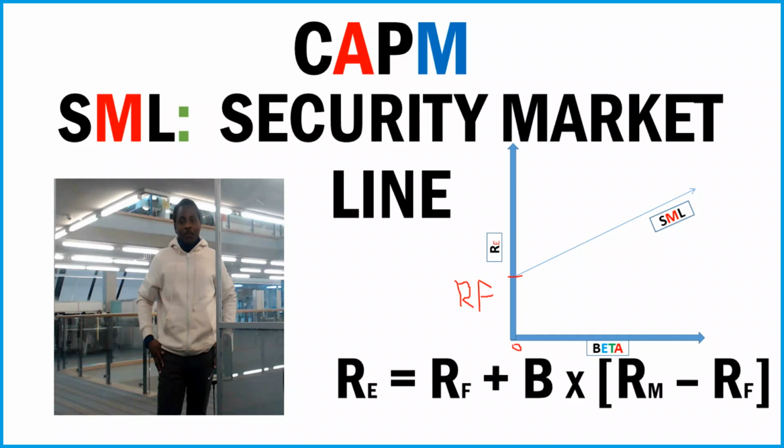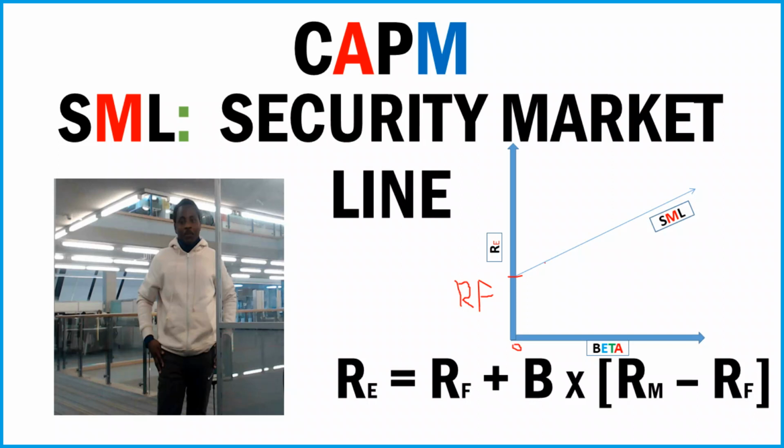So when we plot beta coefficients against our expected return, we will have what we know and regard as the security market line, which is this. On the practical side, for CAPM, we will talk about the beta coefficient, which ordinarily should be equal to 1.